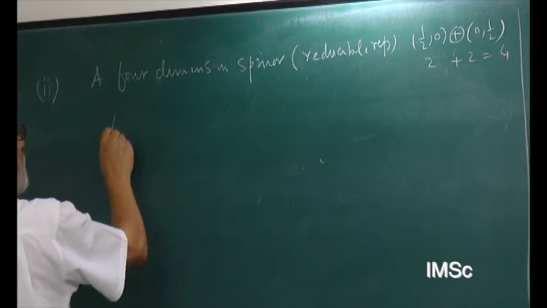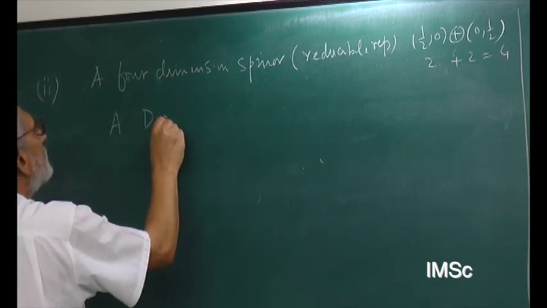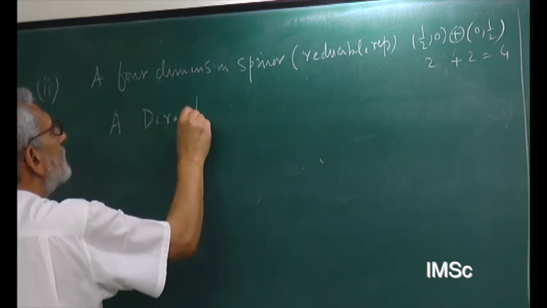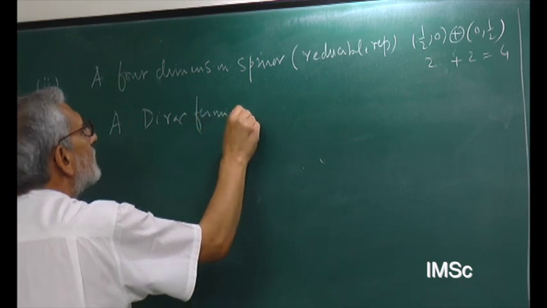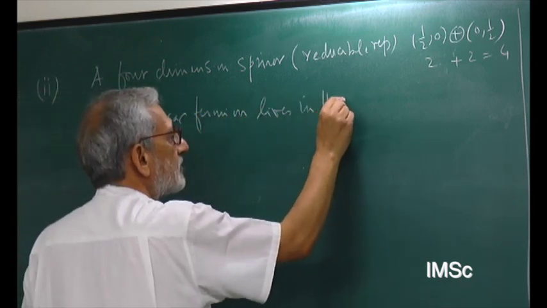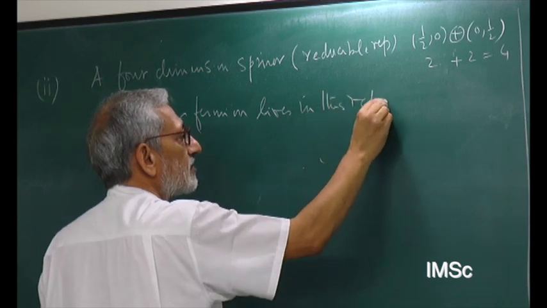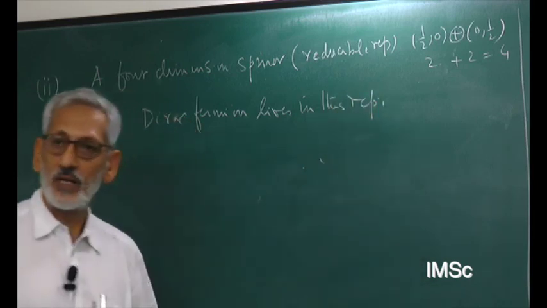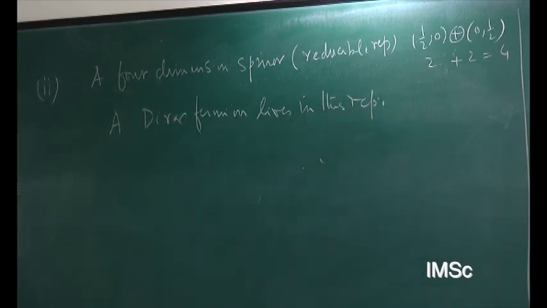A Dirac fermion lives in this representation. A Dirac fermion is made of 4 complex numbers, which you can break into 2 left-handed components and 2 right-handed components, and that's what this is.